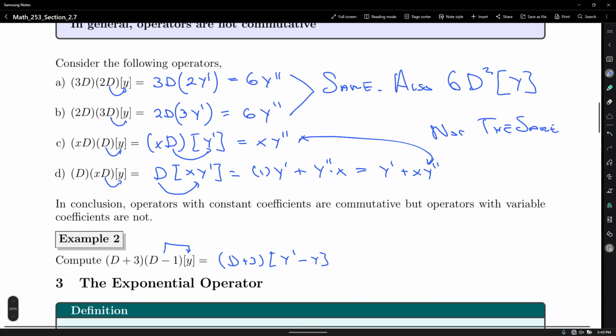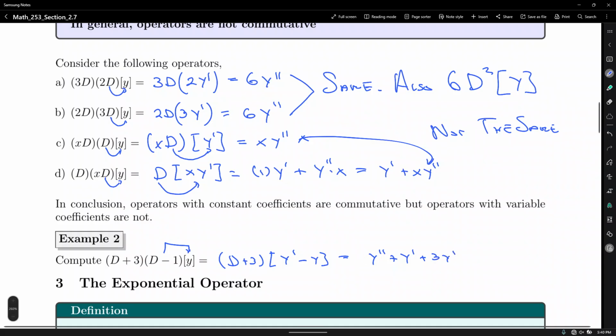Furthermore, I'm going to have this operator d. Check this out. The d operates on the two functions here, giving us the derivative of what we already differentiated, which becomes the second derivative. The derivative of y, that's y prime, and then 3 times y prime.